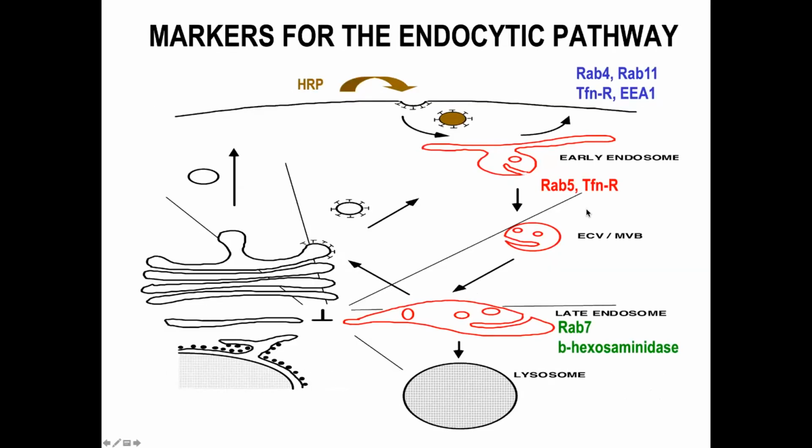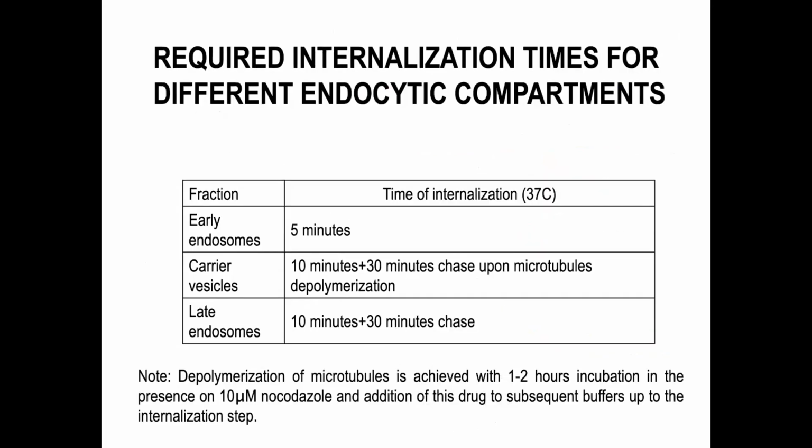And we can disrupt these microtubules, and we can block at this position and not allow these vesicles to fuse with this position, for instance. And how is that done? So we know that to reach early endosomes when we internalize a marker, it takes only a few minutes, 5 minutes, so to say. Then we have reached the early endosome.